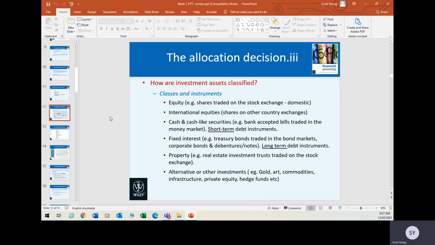How are the investment assets classified? Okay, you can see some of those: equity, international equity, cash-like, that's short-term money market, fixed interest is long-term, property, you can see that there, and alternative or other investments. So really, we have 6 key categories now, and you can see those examples there.